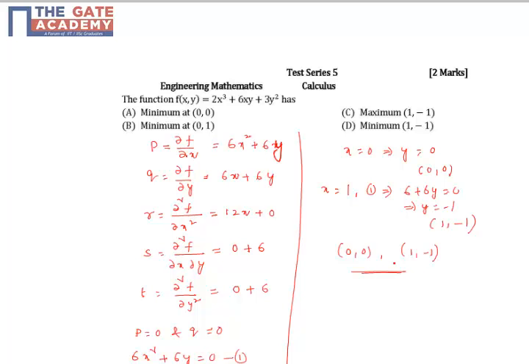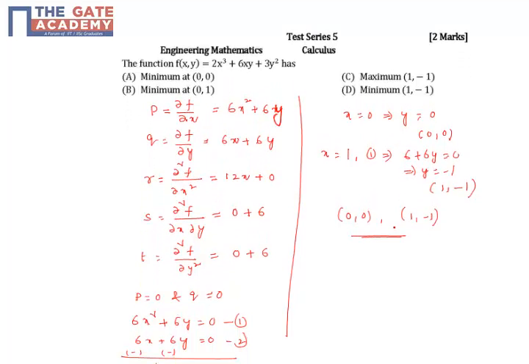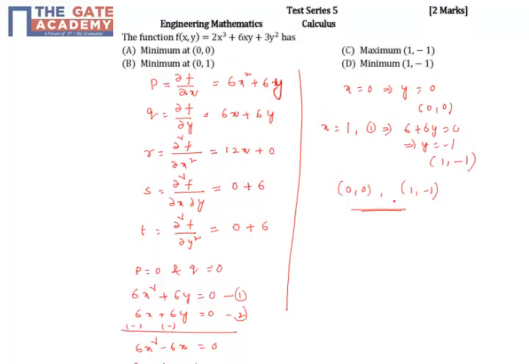Now I want to know whether these stationary points have maximum or minimum values. In order to find that, I have to calculate RT minus S square.